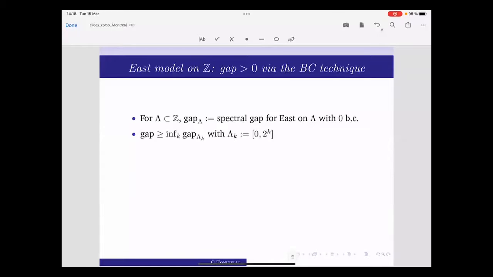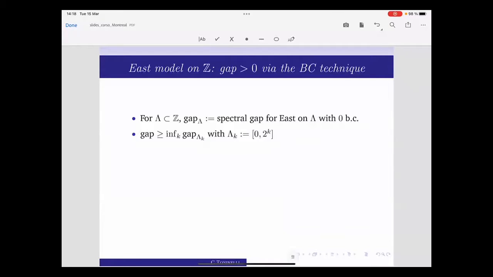So how to prove that the relaxation time for the East model is finite, so that its spectral gap is larger than 0. We are here, as I said, in one dimension.